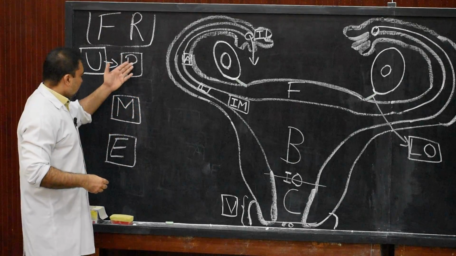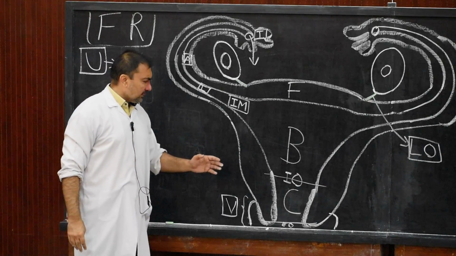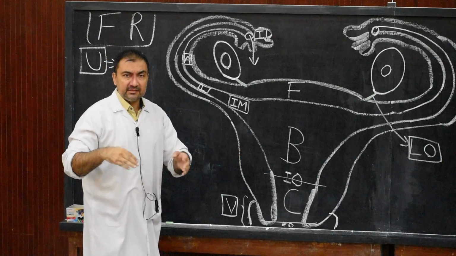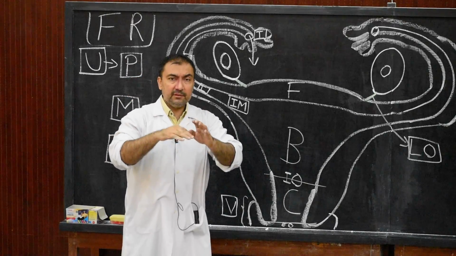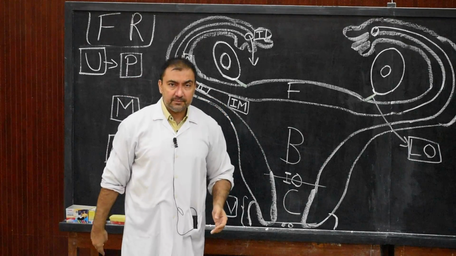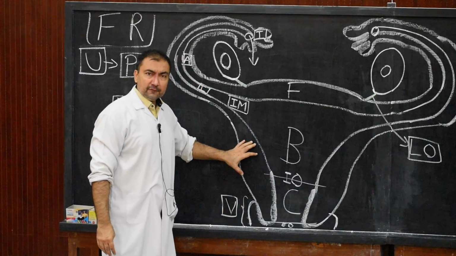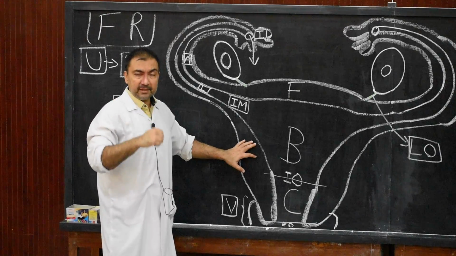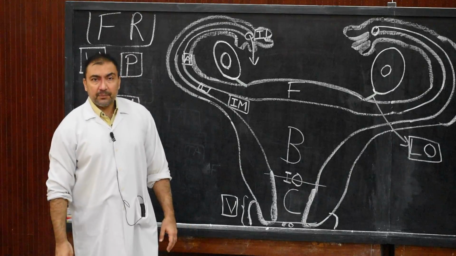Before we try and understand these 3 layers, let me brief you about the enlargement of the uterus. During pregnancy, the uterus enlarges because of two factors. There will be an increase in the size of muscle fibers, which is the hypertrophy of the musculature, as well as an increase in the number of muscle fibers, which is known as hyperplasia.